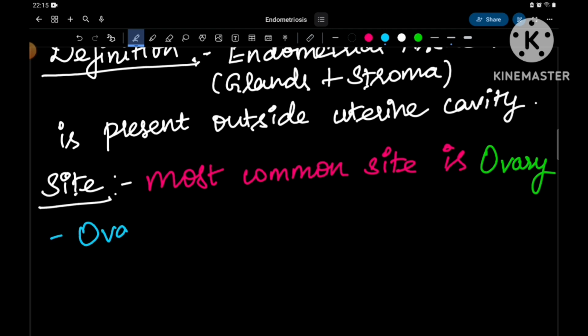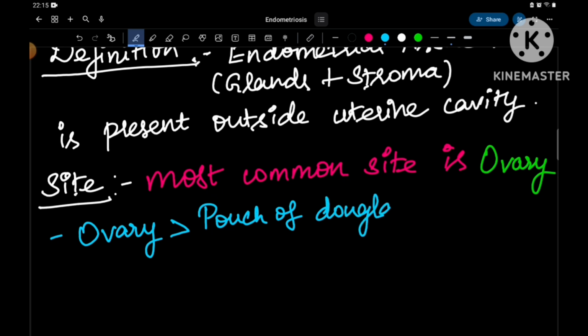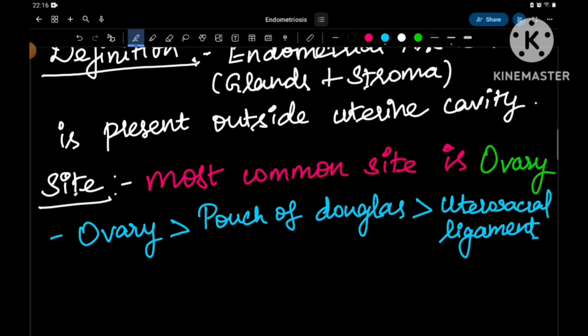See, ovary followed by pouch of Douglas, followed by uterosacral ligament, followed by broad ligament, followed by fallopian tube.